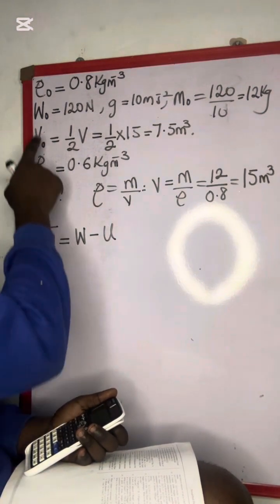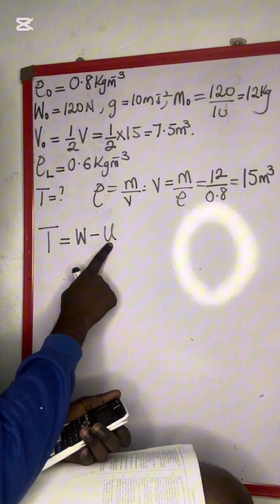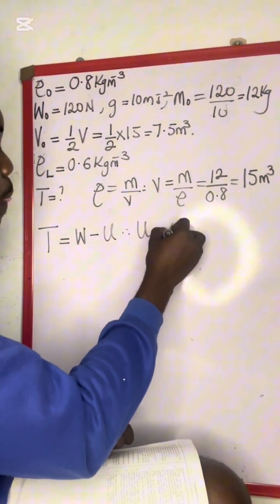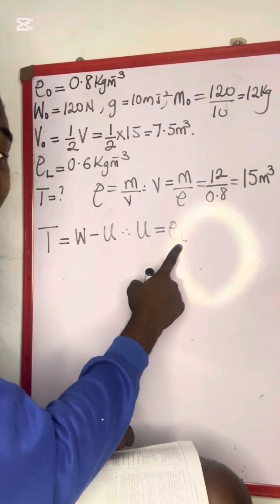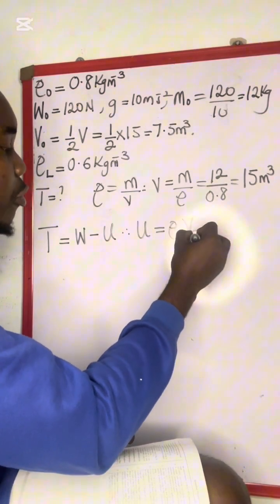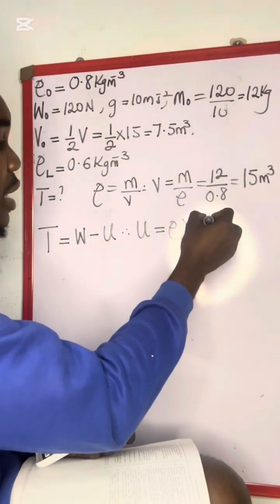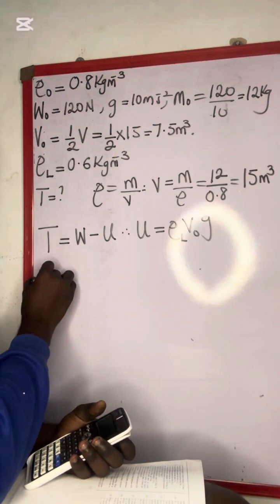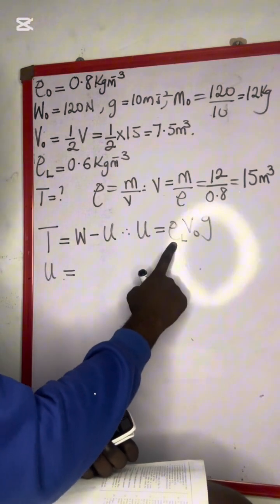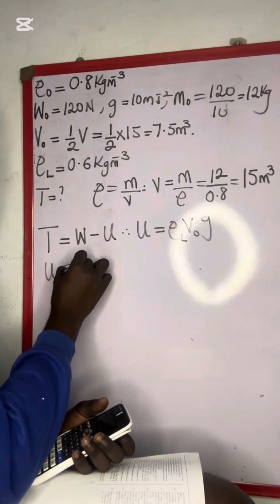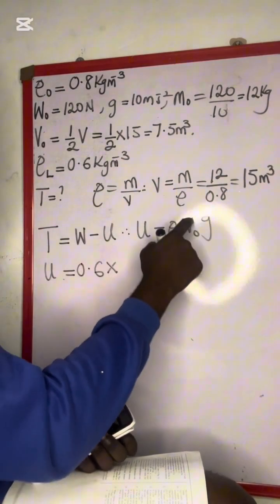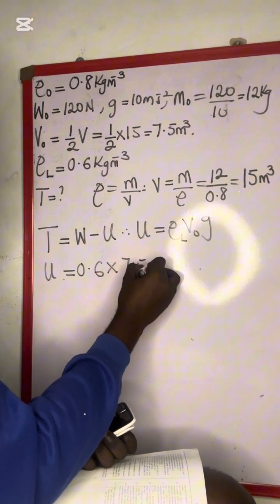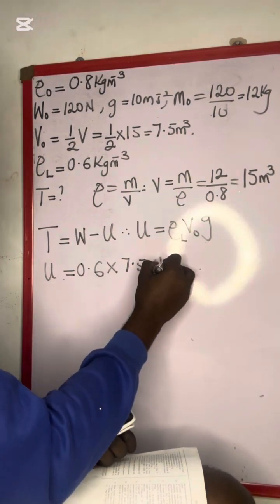We already know the weight. Now let's solve for the upthrust. Upthrust equals density of liquid, volume of object immersed, and acceleration due to gravity. Let's plug in the values we have. Density of liquid 0.6. Volume of object immersed 7.5. Gravity 10.